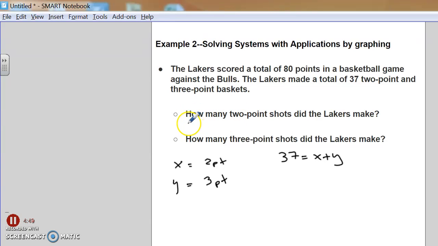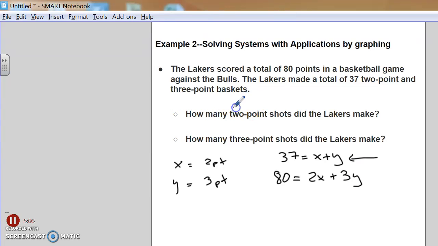And then we scored 80 points. So 80 would equal 2 times however many 2-point shots, and 3 times however many 3-point shots. So here's our system of equations.